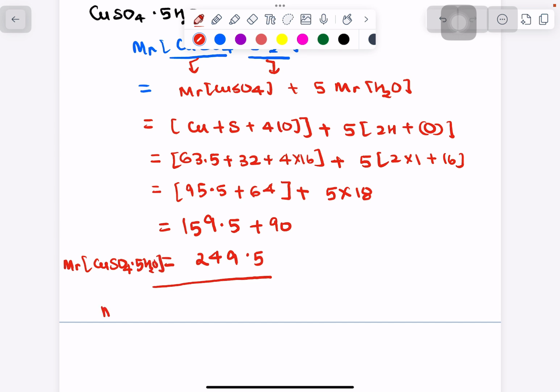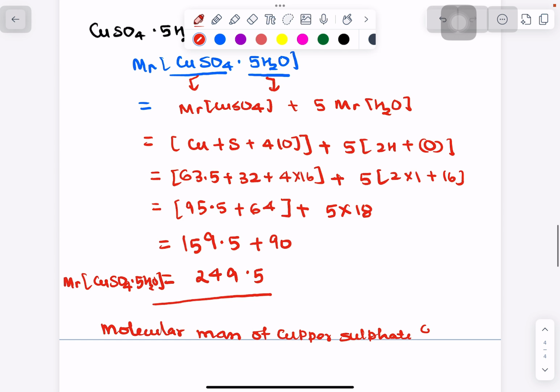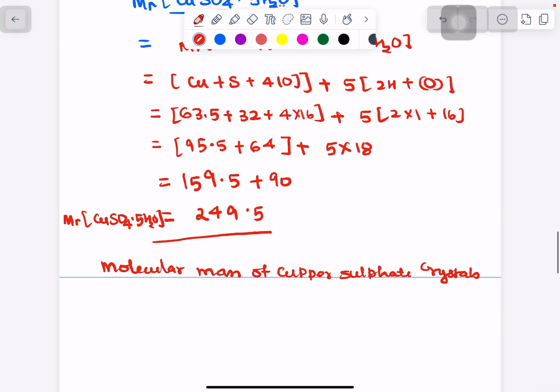And the molecular mass of copper sulfate crystals is 249.5 gram per mole. So that's how we calculate the molecular mass of crystals.